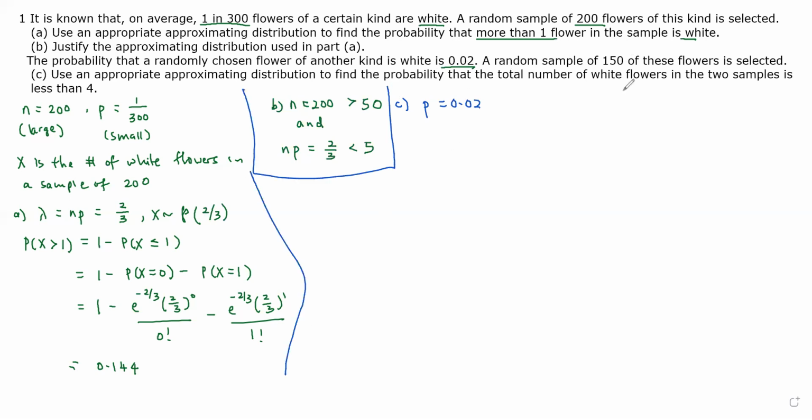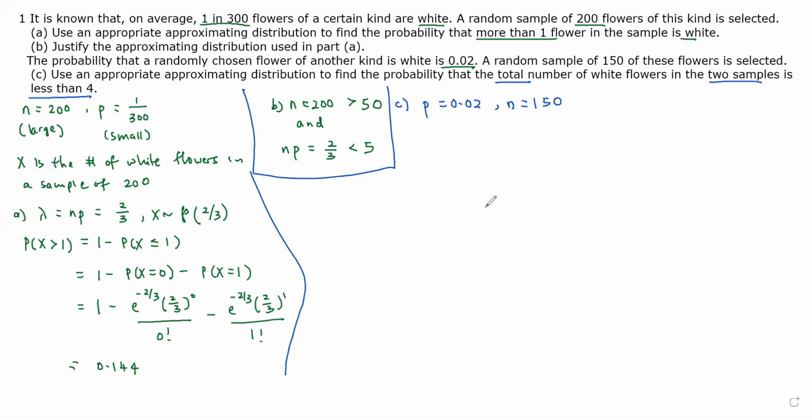We draw a random sample of 150, so n is 150. We need to use an appropriate approximating distribution to find the probability that the total number of white flowers in the two samples is less than 4.